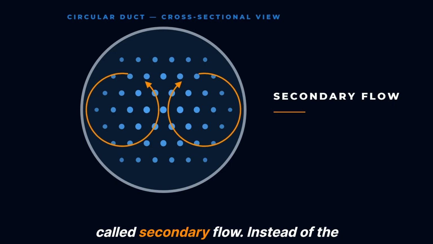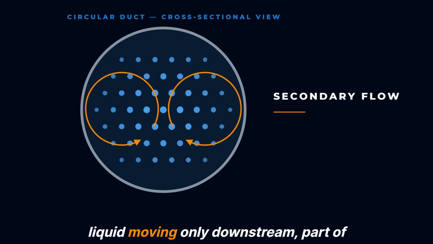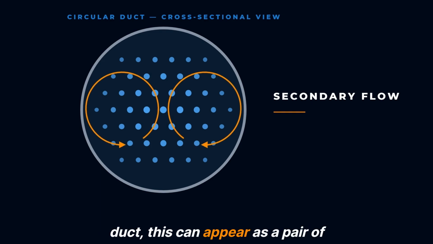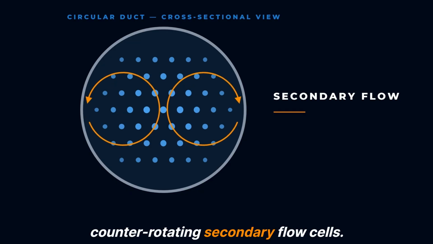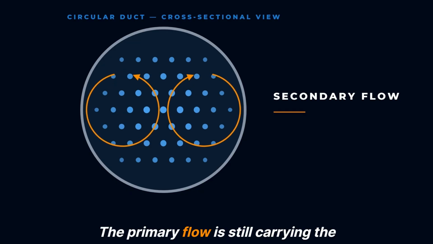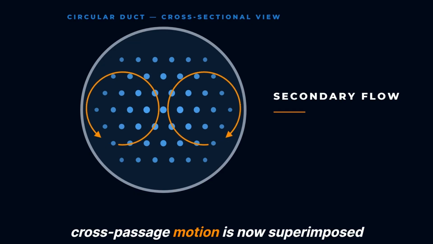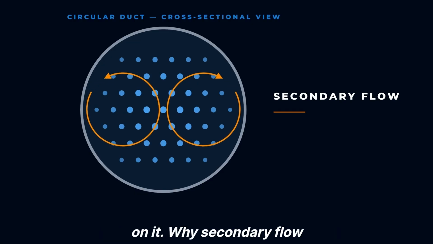This is called secondary flow. Instead of the liquid moving only downstream, part of the flow also circulates across the channel. In a simple curved duct, this can appear as a pair of counter-rotating secondary flow cells. The primary flow is still carrying the liquid downstream, but this additional cross-passage motion is now superimposed on it.